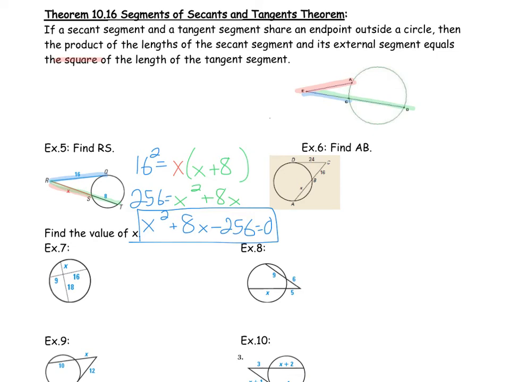In example 6 here, we have a tangent segment, 24. Because that's a tangent segment, I need to square it. And then we have the secant segment. The external piece is 16. And I need to multiply that by the entire thing, which would be x plus 16.